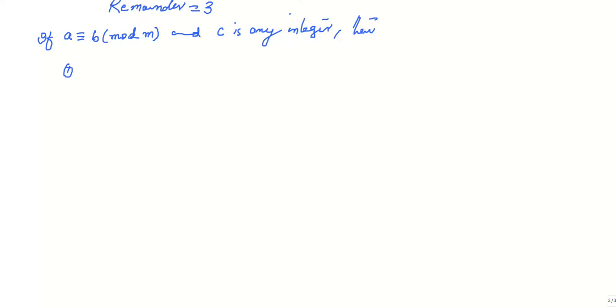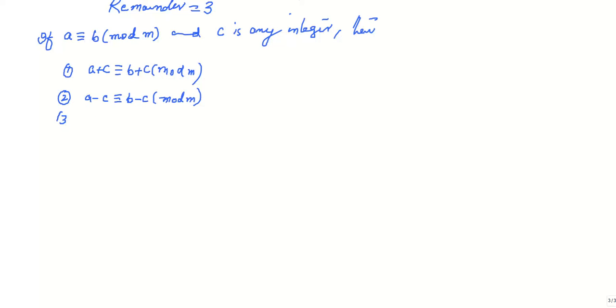Number 1, any integer can be added on both sides of the congruence. So, A plus C is congruent to B plus C modulo M. Number 2, similarly, any integer can be subtracted, because you can take any integer, negative or positive. So, A minus C is congruent to B minus C modulo M.